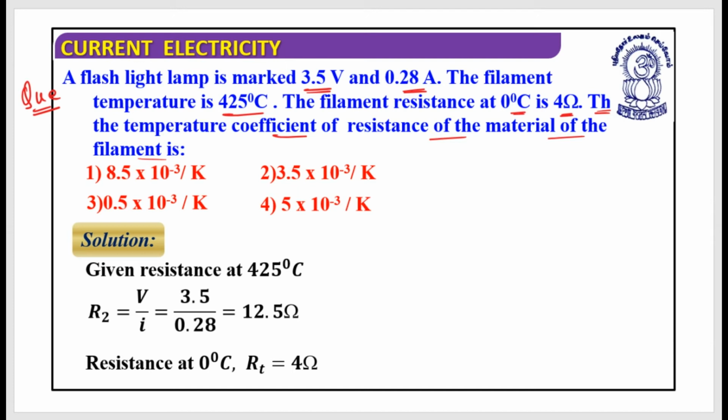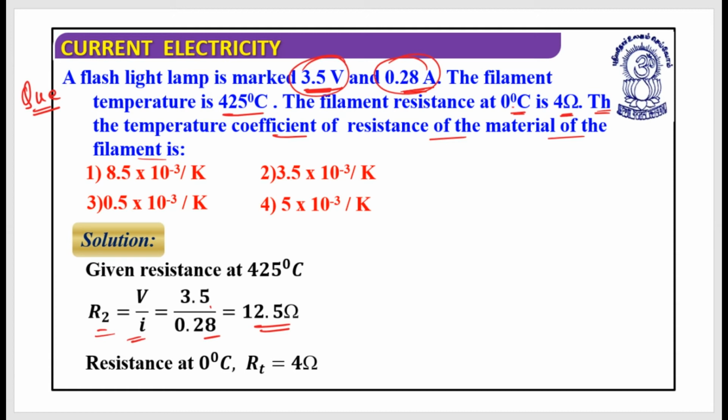So first thing is, what is the resistance of this wire? The given rated voltage and current is 3.5 volt and 0.28 ampere. If I calculate the resistance, R is equal to V by I, which is 3.5 divided by 0.28, that is 12.5 ohm.